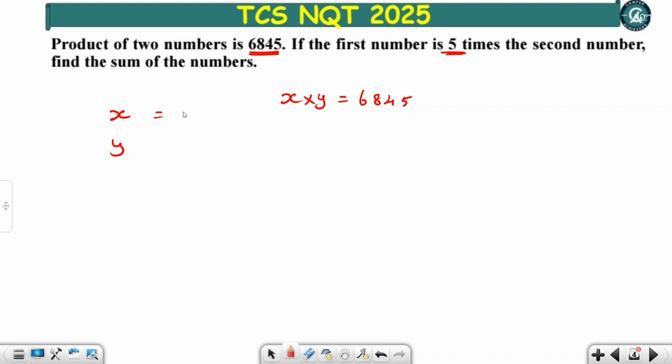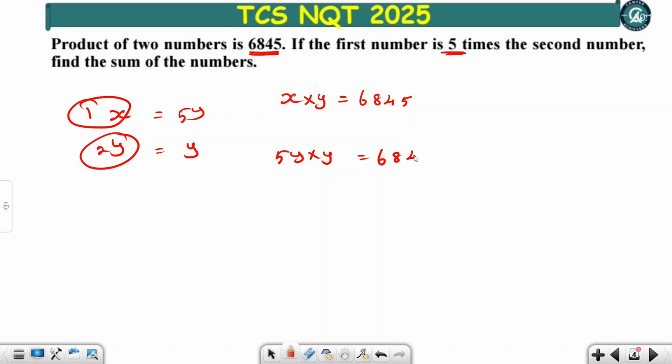So let me take the first number as 5y and the second number as y. So 5y into y is equal to 6845.